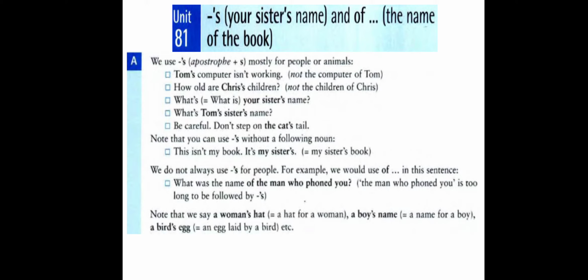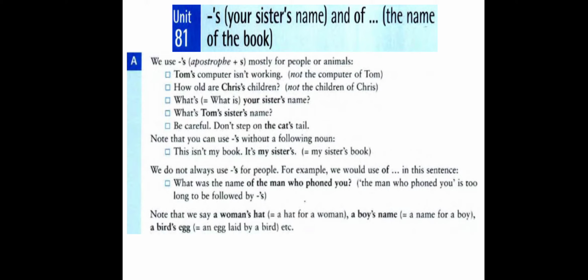Note that you can use apostrophe plus S without the following noun when it is understood, when it is implied from the previous sentence. This isn't my book. The apostrophe here is used for abbreviation in isn't, means is not, and it's my sister's.